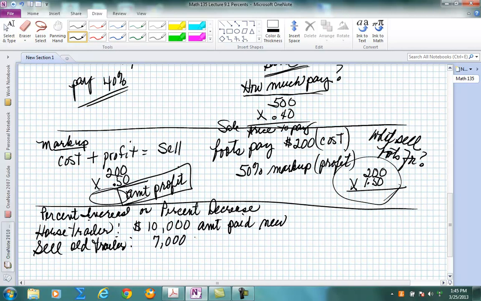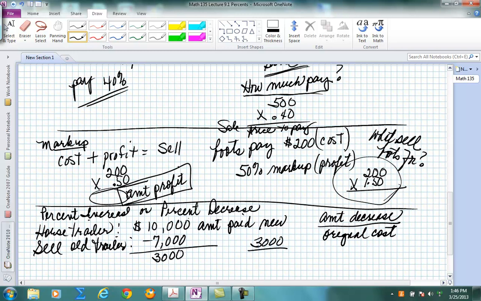What you do is take the amount of decrease and you divide it by the original cost. So when I subtract, I have $3,000. That's the amount of decrease. And the price when it was new was $10,000. So I'm going to mark off the zeros. I have 3/10, but I have to change that to hundredths. So that's 30 hundredths. So I have a 30% decrease.